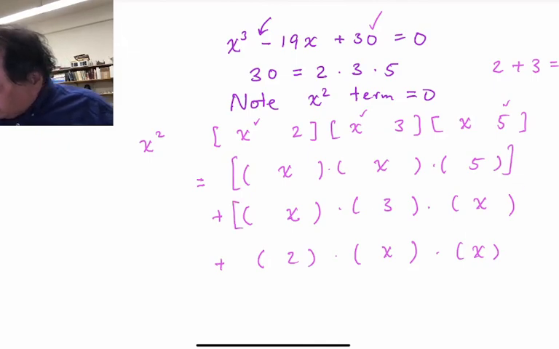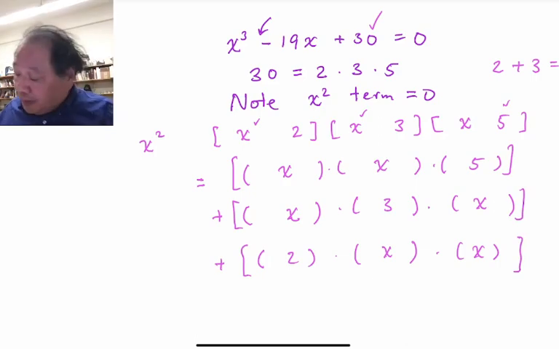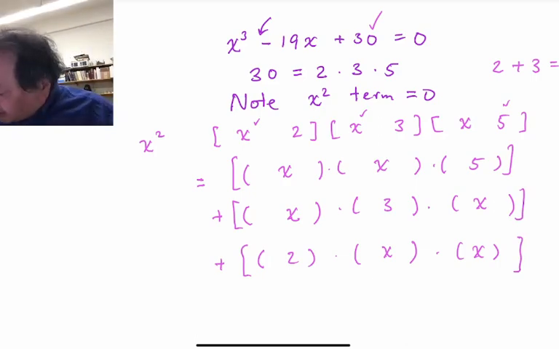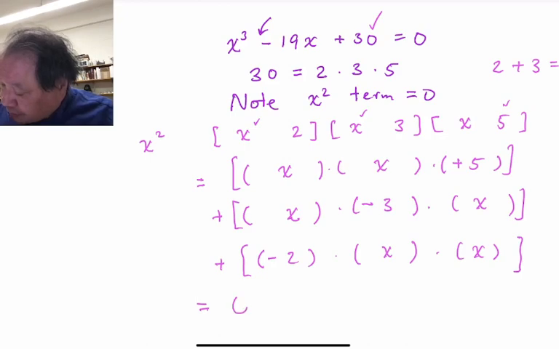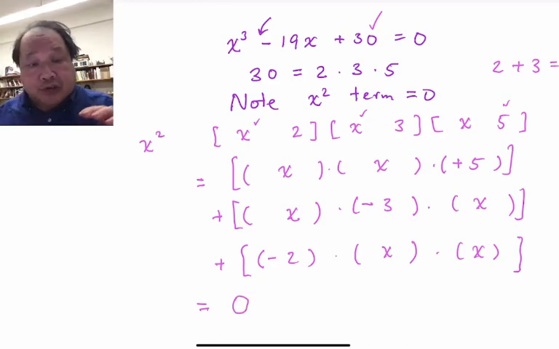So these are the 3 different ways I can get x squared terms, and we know this term has to be 0, and the way I can do that is if I take a plus 5 here, a minus 3 here, and a minus 2 here, when you sum those all up, that's going to be 0. And that's the trick that will unlock the factoring of this polynomial tomorrow.